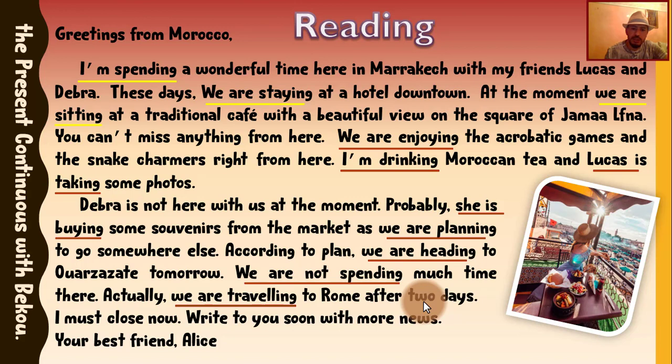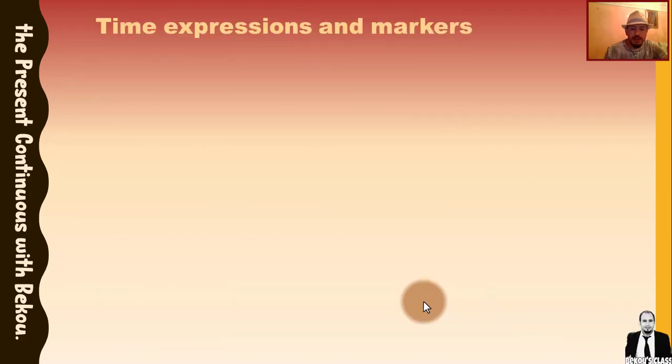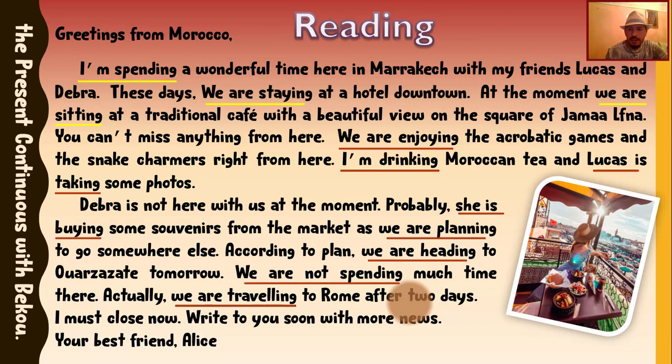Okay, good. Now I think you have understood how we use the present continuous in context. Now let's go back again. If you look in this letter, we have used some expressions which mean that these actions are taking place now, at this moment, or these days.